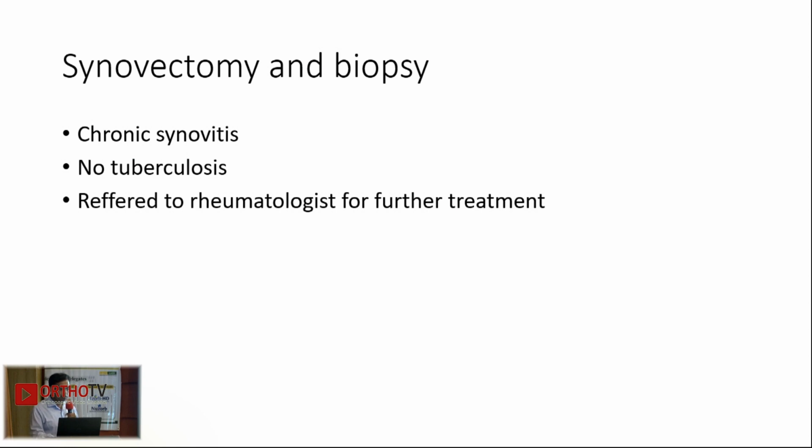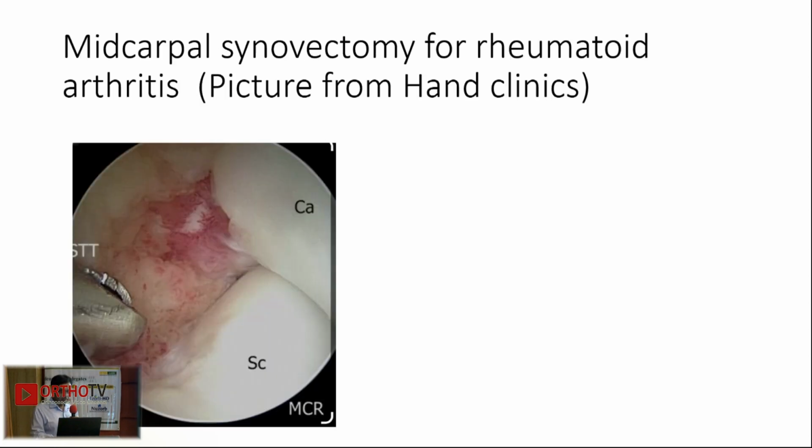She didn't have tuberculosis and was referred to a rheumatologist for further treatment. This is from a book picture: how a mid-carpal rheumatoid synovium looks. This is the mid-carpal joint through the mid-carpal portals.